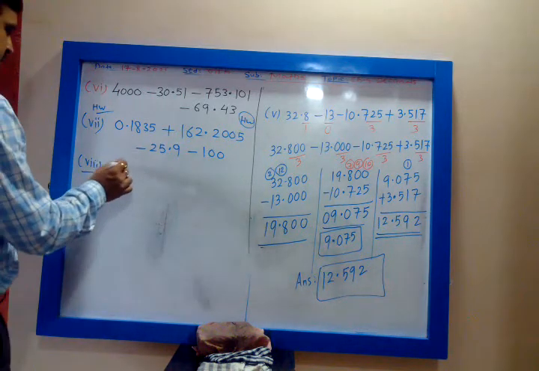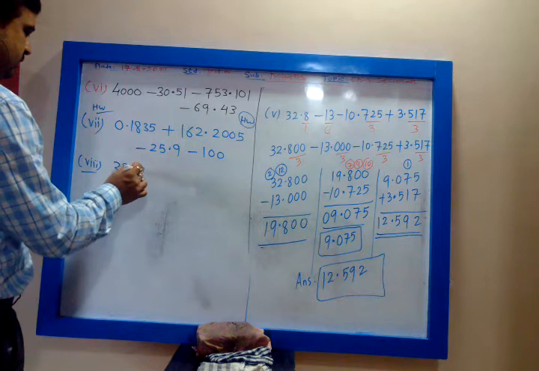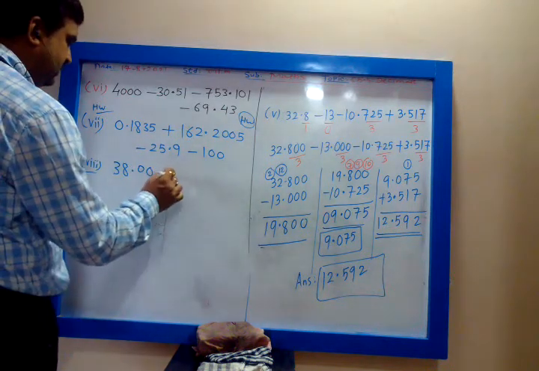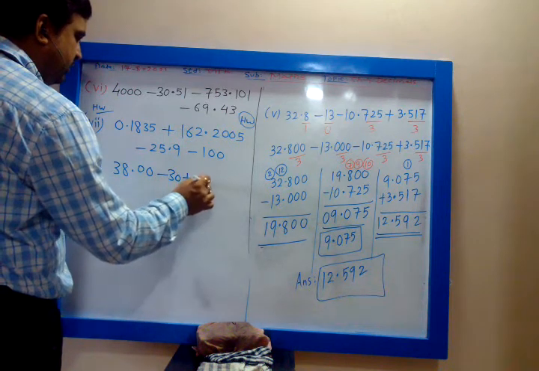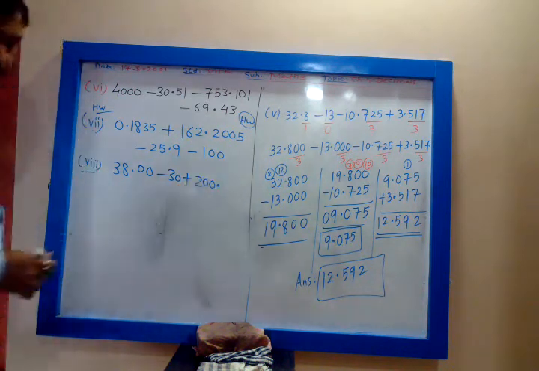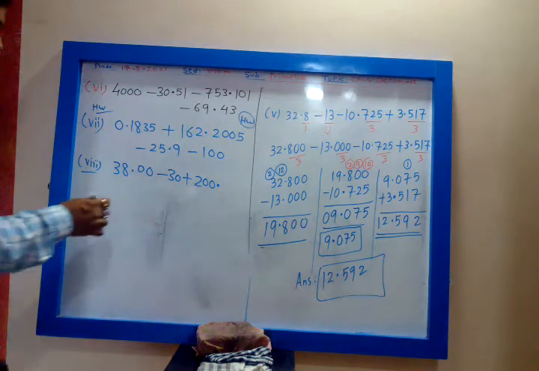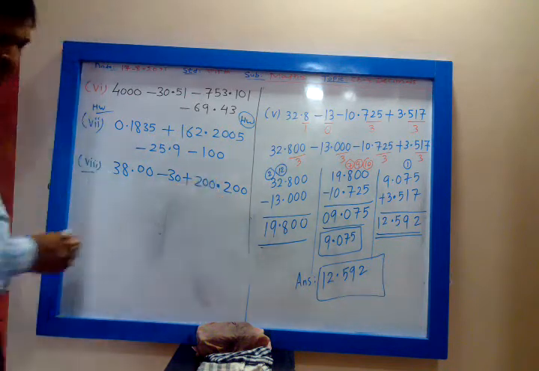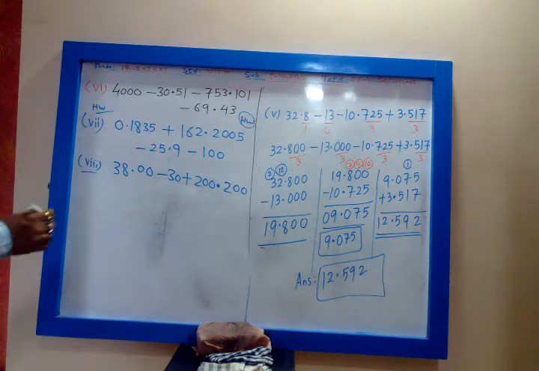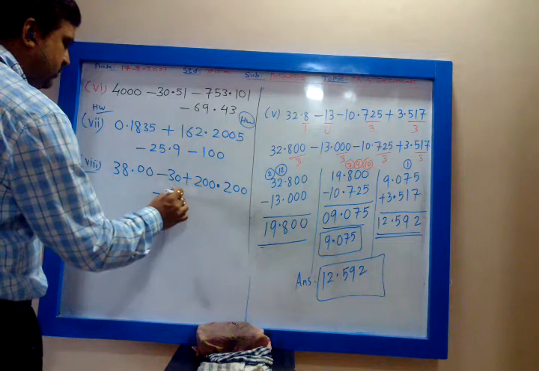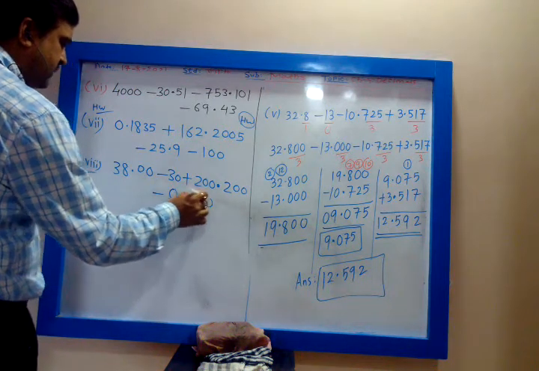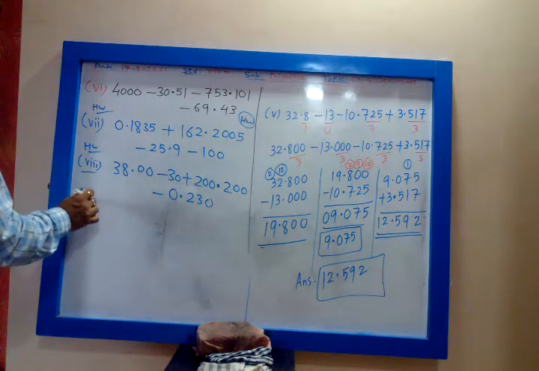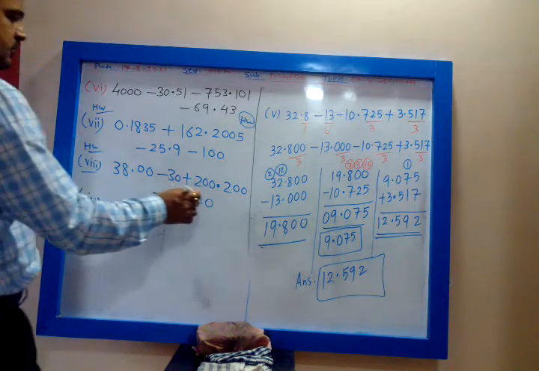38.00 minus 30 plus 200 minus 0.230. Mute the microphone, please.